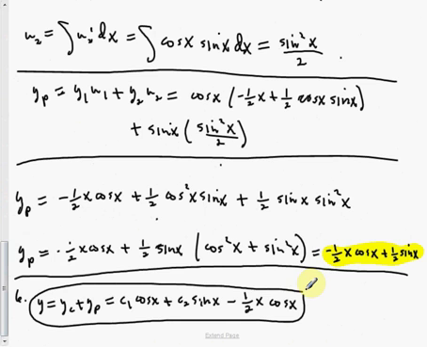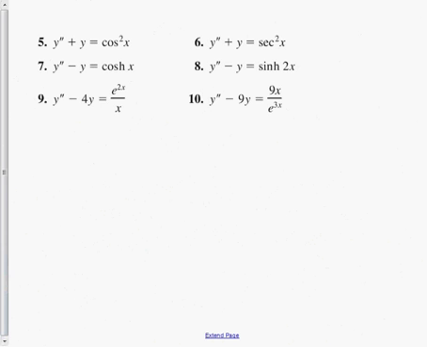All right, let's look at another one. Just can't get it on one problem. Number 5. y double prime plus y is equal to cosine squared x.